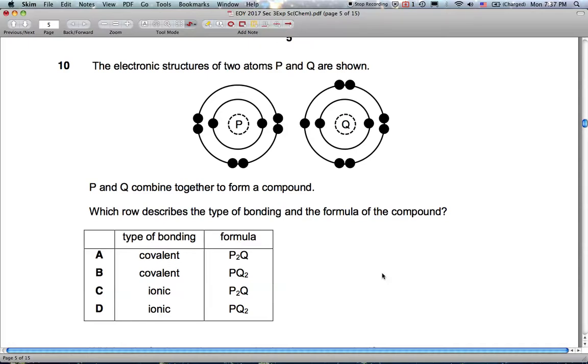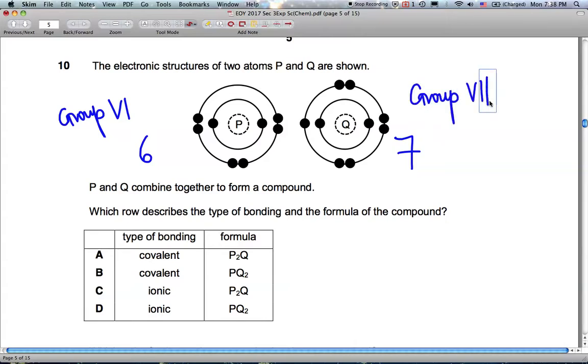Let's take a look at atom P. Atom P has 1, 2, 3, 4, 5, 6 valence electrons, whereas atom Q has 7 valence electrons. With 6 valence electrons, it is from group 6, and with 7 valence electrons, it is from group 7.